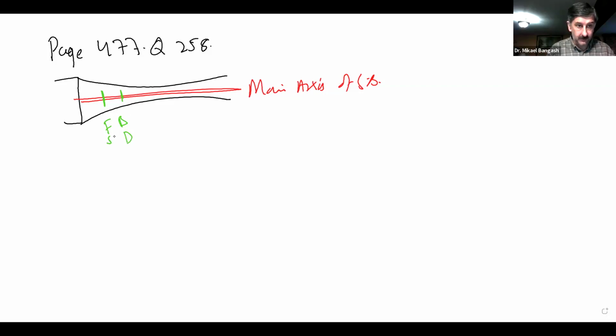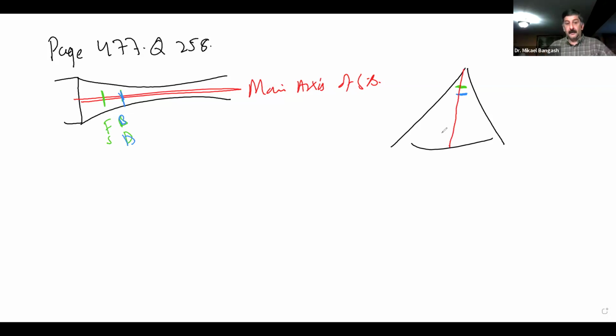Look at it on a scan, it's going to be this and this. If the beam goes here, that's going to be the main axis of your beam.